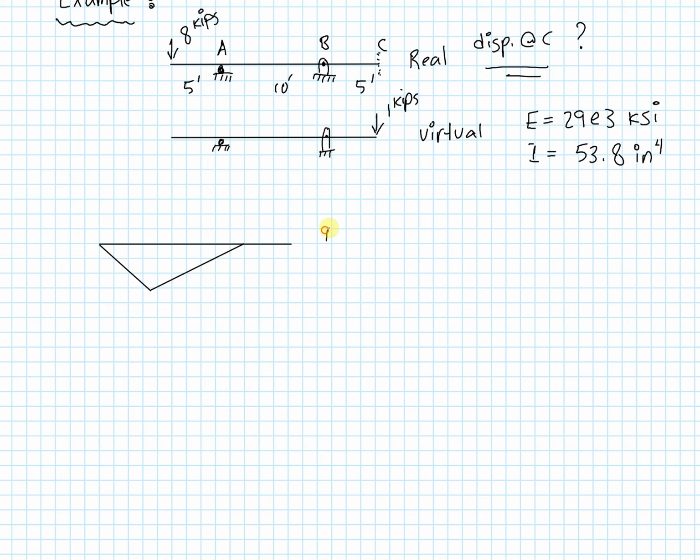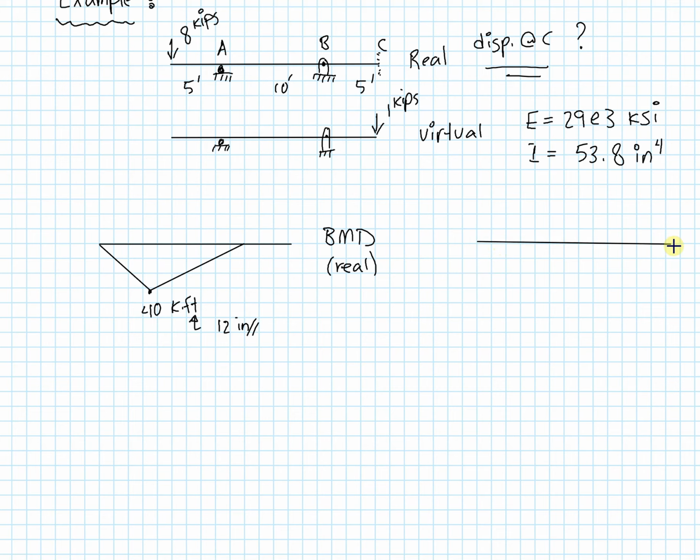So this is BMD real, and there is a magnitude of 40 kip-foot here. So notice the feet. 1 foot has 12 inches. So later when we do unit conversions, let's keep that in mind, because a lot of these properties are given to us in inches, and the length of the beam is in feet. So we need to keep that in mind.